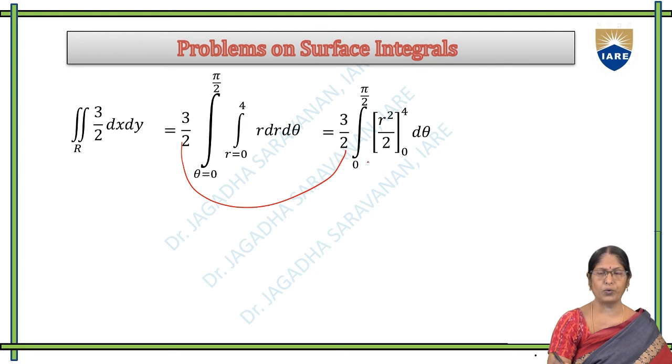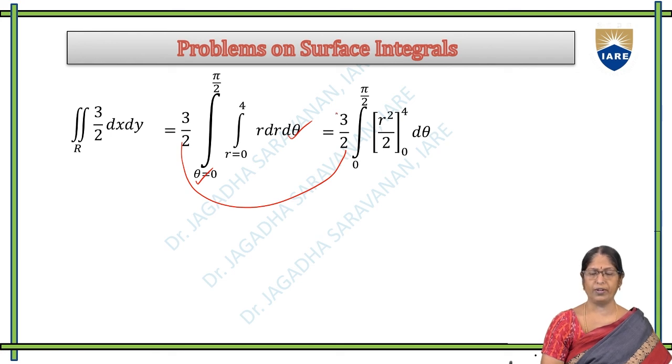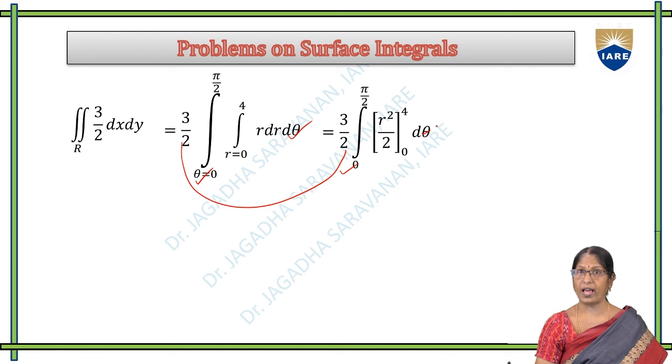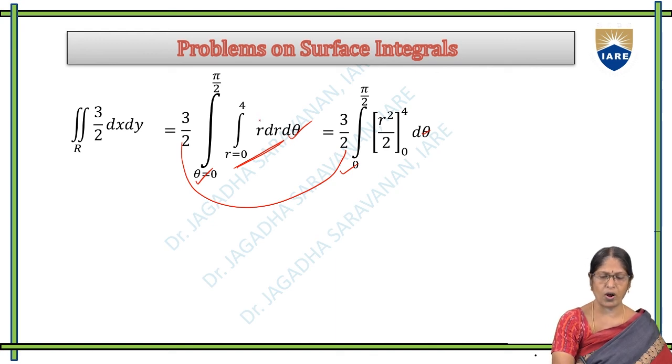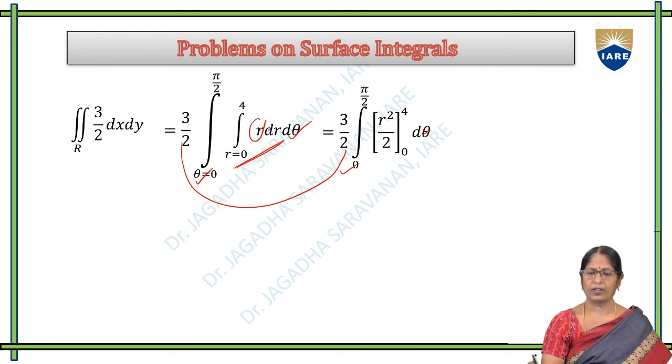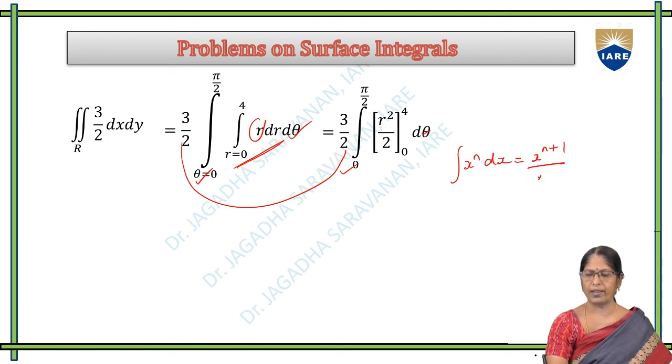So here 3 by 2 is there. Now we are not touching the outermost integration. The outermost integration we have written as it is, but coming to the interior integration, here r is there. The simple integral formula: x power n dx equals x power n plus 1 by n plus 1.